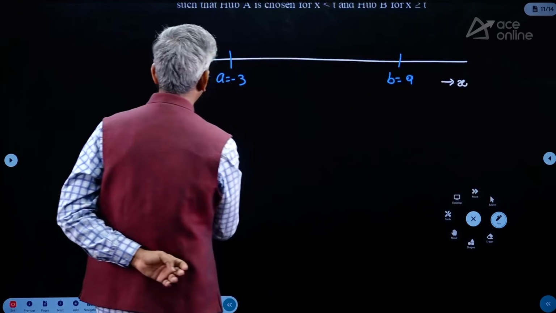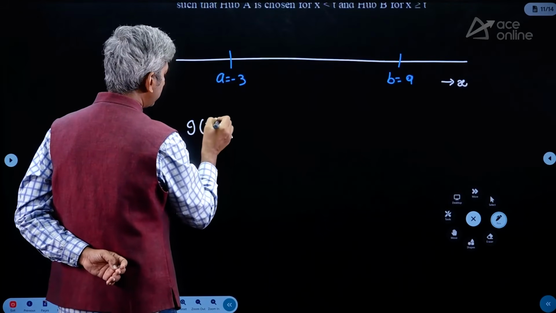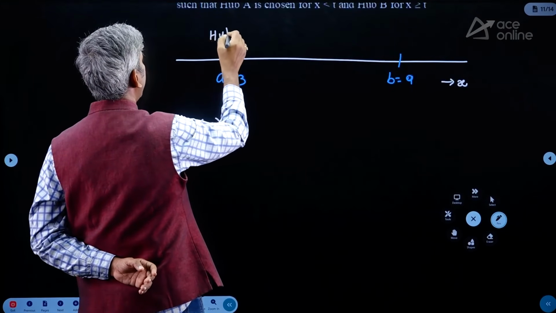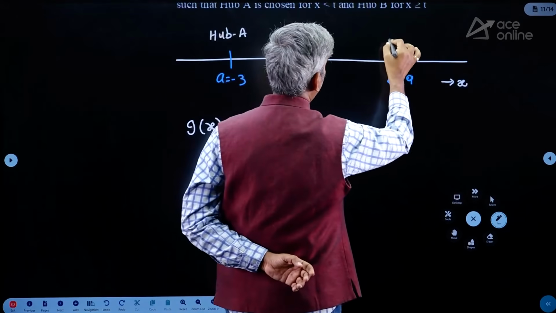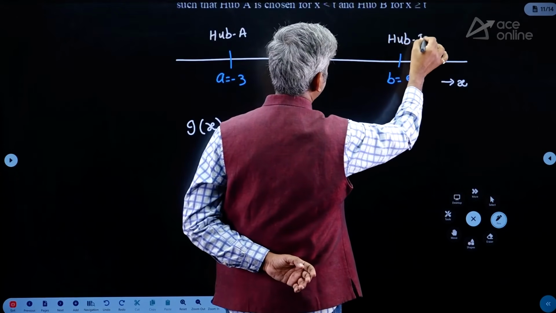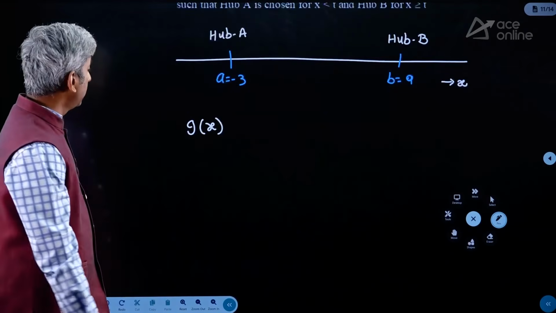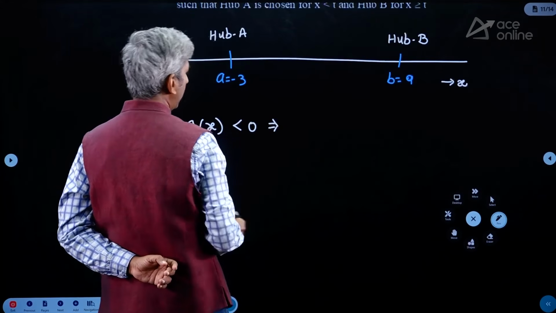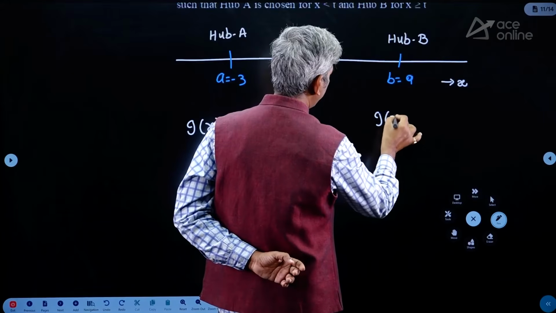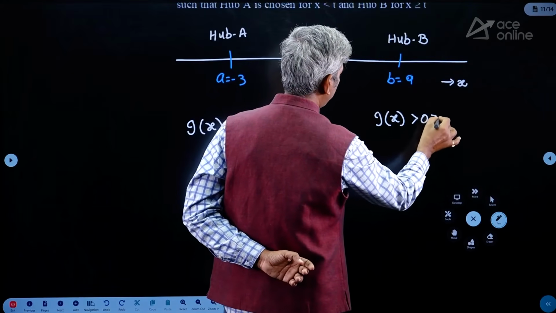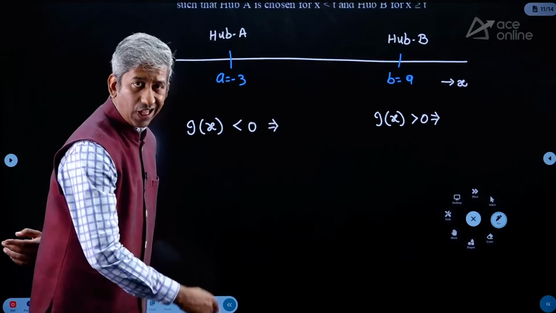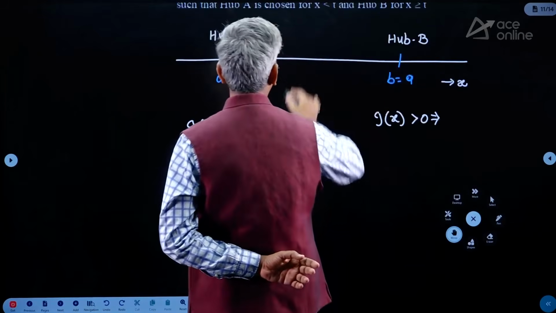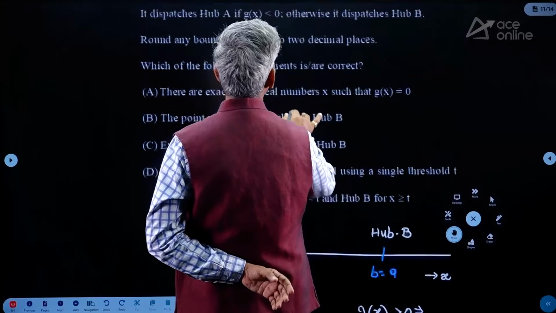And there is a g of x which decides, at this place you have hub A, and this is the place where you have hub B. And g of x less than 0 and g of x greater than 0 decide which hub has to respond first, or the emergency team from which hub needs to be sent.